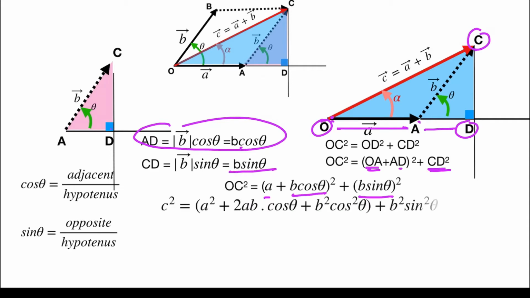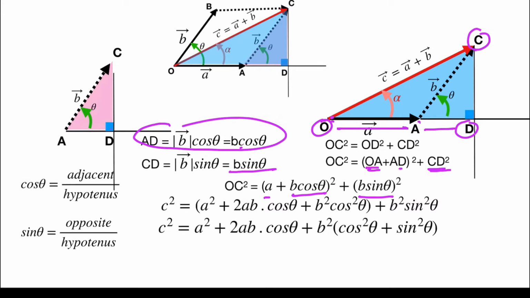By simplifying this equation, we reach a term where cos square theta plus sin square theta, as per trigonometric identities, is equal to 1.